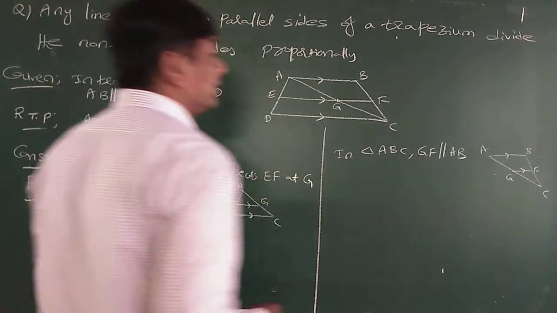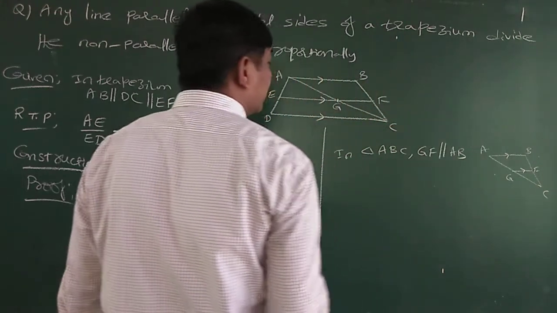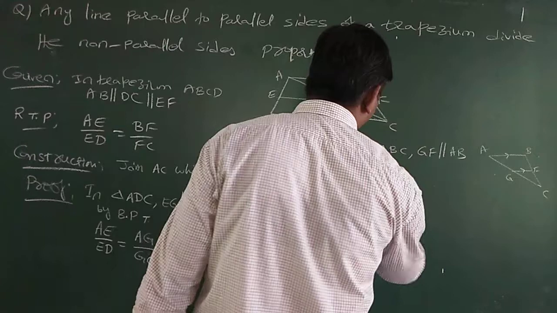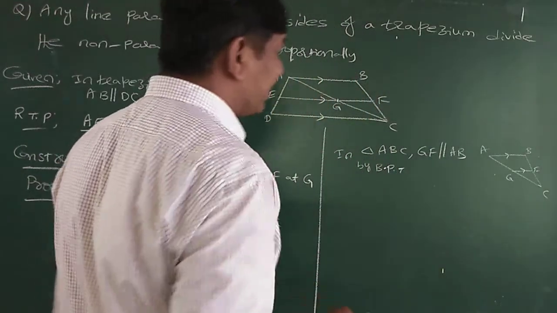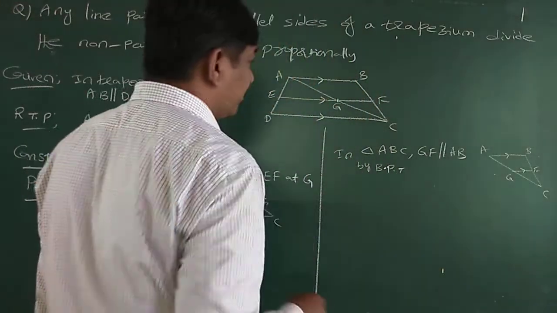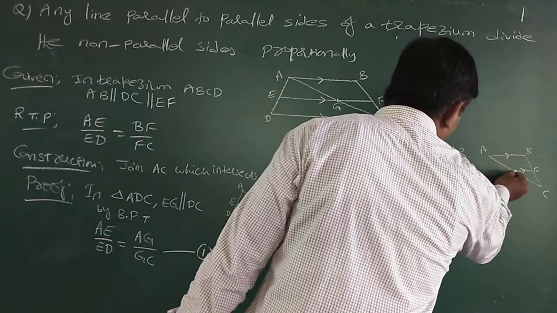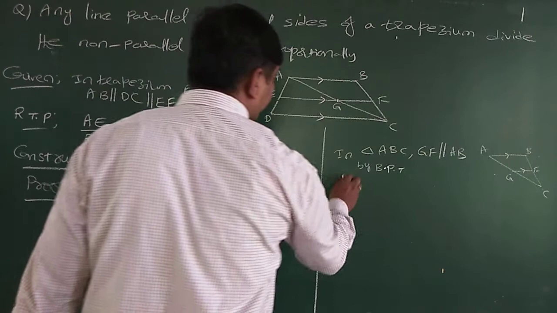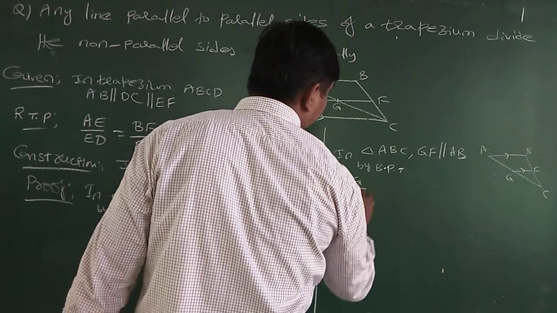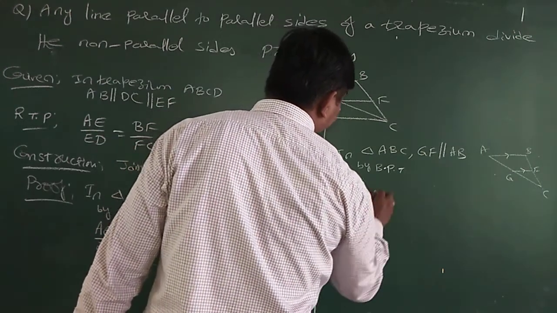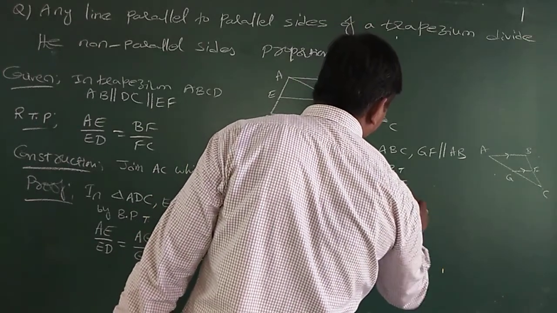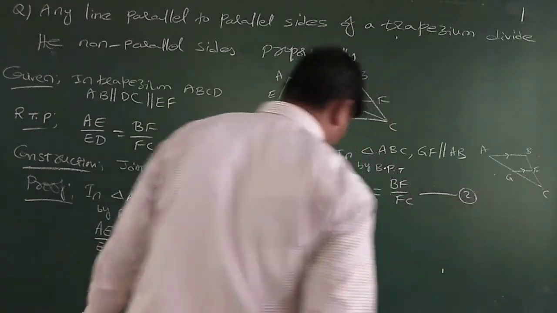Now GF is parallel to AB, so again by the basic proportionality theorem, AG by GC is equal to BF by FC. Equation number 2.